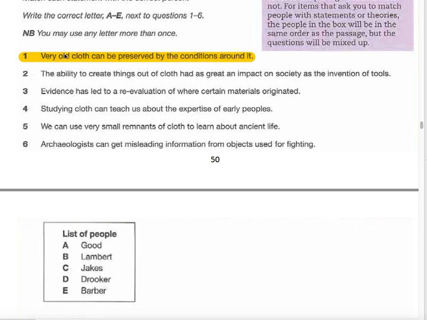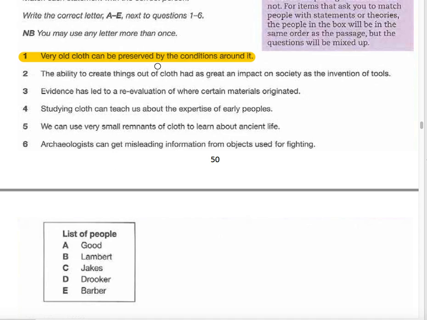So whatever is around pieces of clothing or material for clothes can be maintained or kept. So just the environment around the cloth can keep it well preserved. Okay? So I rephrased.